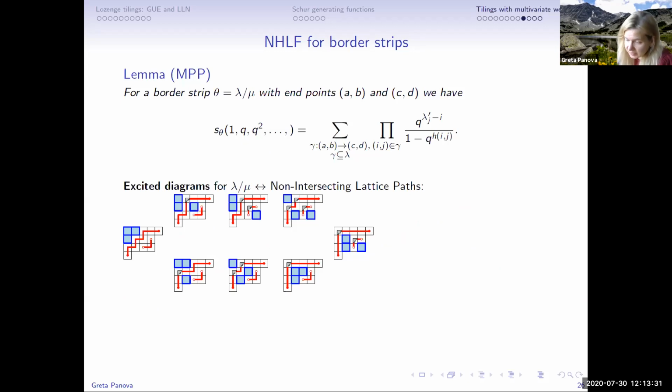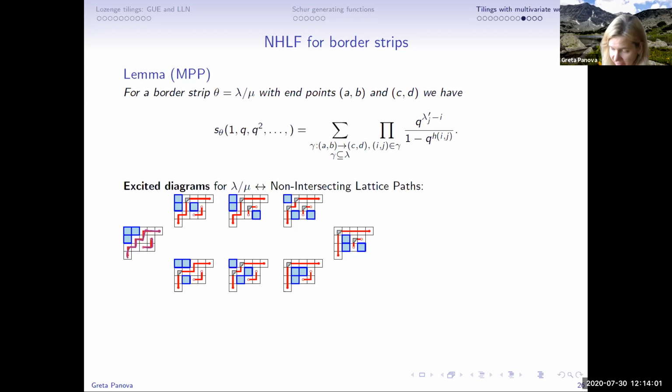So one thing to see is that these excited diagrams, if we look at their complement and we cut it, but this time by the inner border. So first we cut the top inner border from the skew shape, and then whatever is left, we get another ribbon and so on. So we can cut our skew shape into lattice paths in this way.